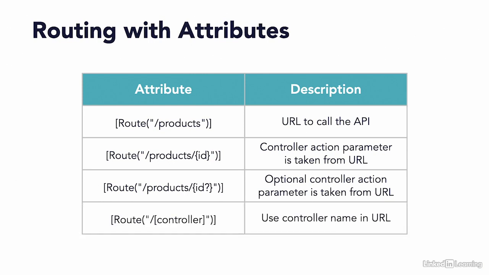Here you see one example. If we have square brackets, then that's a specific placeholder, and [controller] is the most common one, and that's already used in the template, and it means the name of the controller. That's not the name of the class, it's the name of the controller, which is the class name minus Controller.